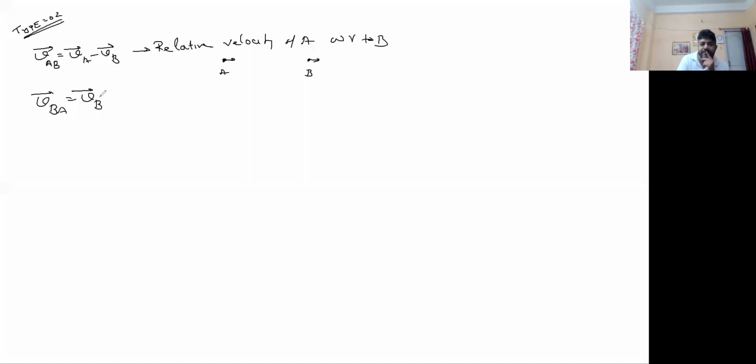If you write the relative velocity of A with respect to B, it means velocity of A minus velocity of B. That means VA minus VB. And in the same way, velocity of BA means the relative velocity of B with respect to A. Is it clear?